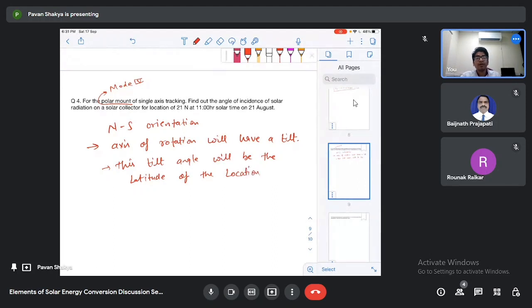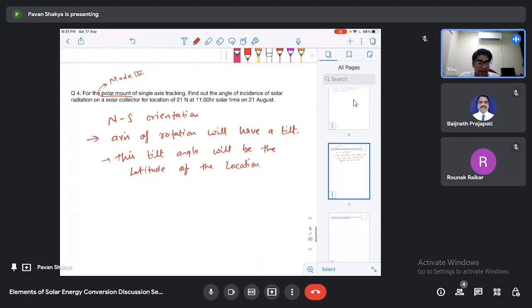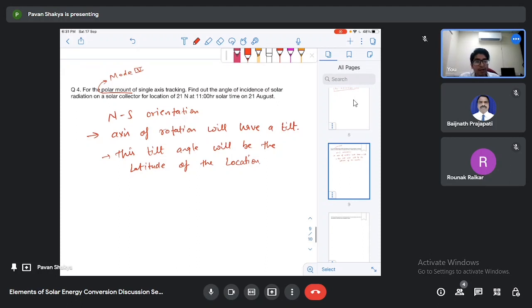It means wherever you want to place this single axis tracking mode, you have to find out the latitude for that location, and you have to place your tracking system at the angle of the latitude.